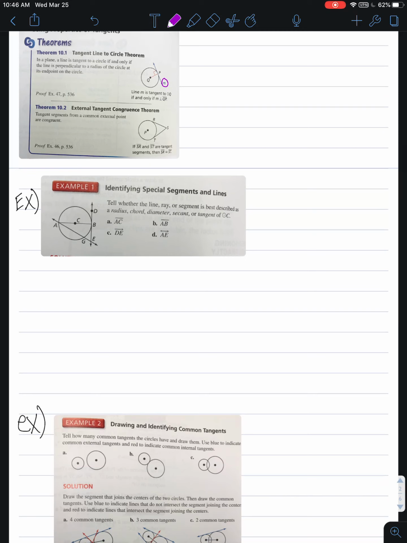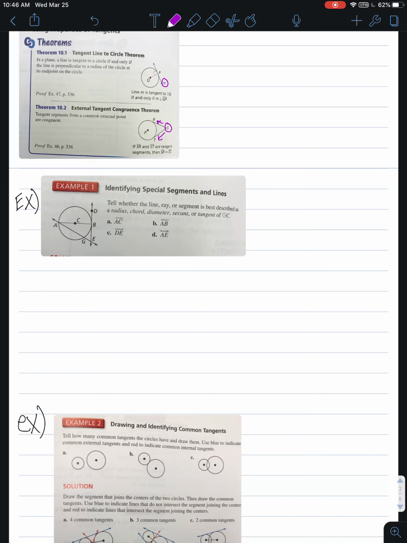Okay, and then also on Theorem 10.2, it's saying that tangent segments from a common external point are congruent. So you'll see right here for S, it's going to be given to us that R and T are points along this circle that are tangent points.